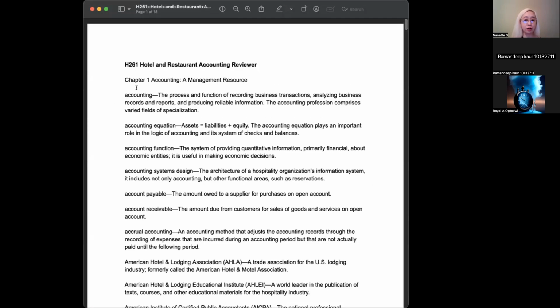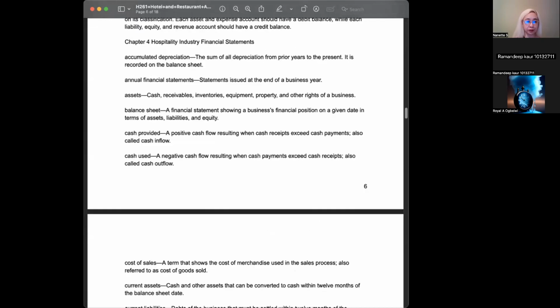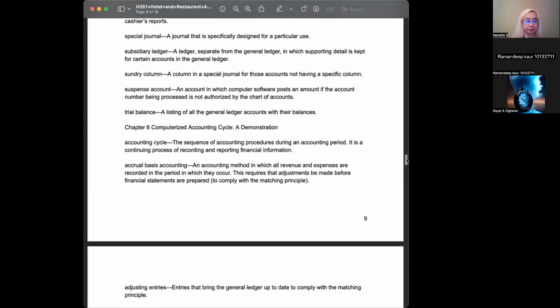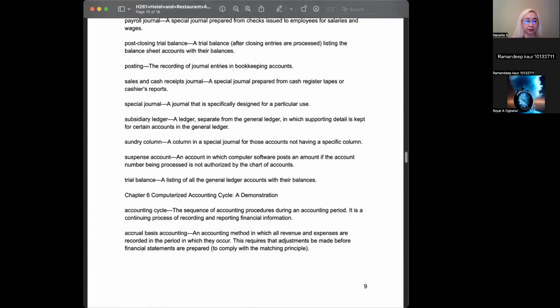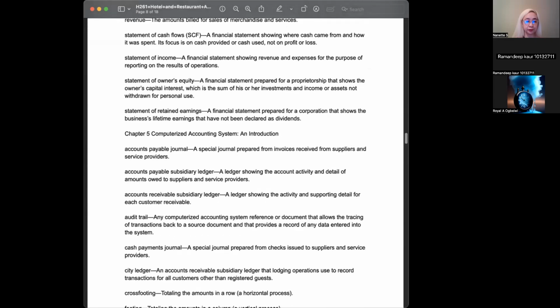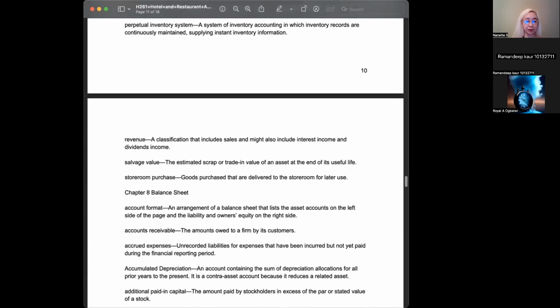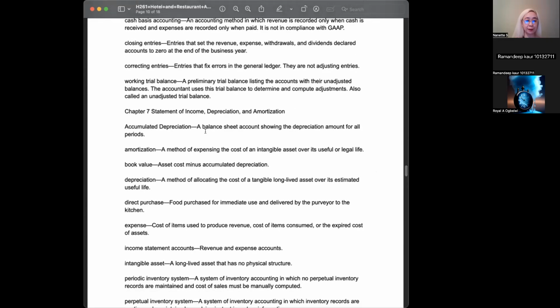So for each of the chapters, you will see the different accounting terminology and the definition. So if you go to chapter 6, okay, that's chapter 7. Oh, we're doing chapter 7. Okay. So for chapter 7, here are your terminology and your definition.